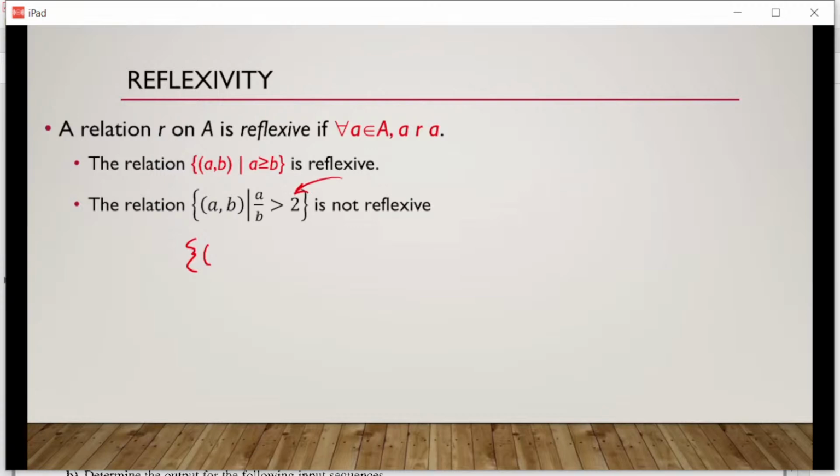So that means that 3 is related to 1 because 3 over 1 is greater than 2. 3 is not related to 2. I suppose we should specify our set here. We're interested in the integers.